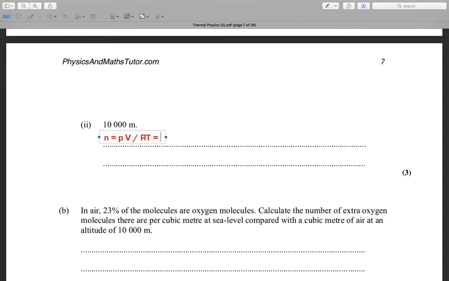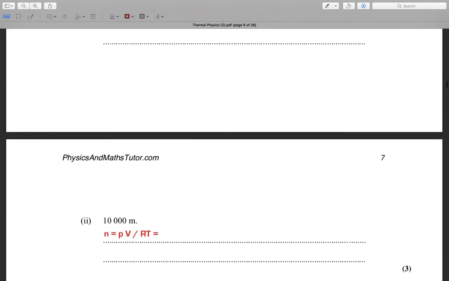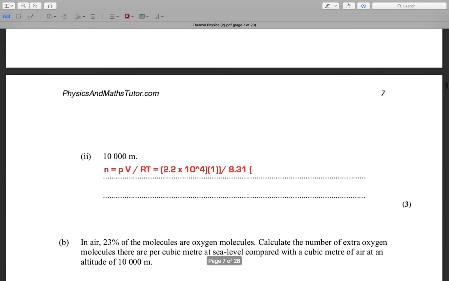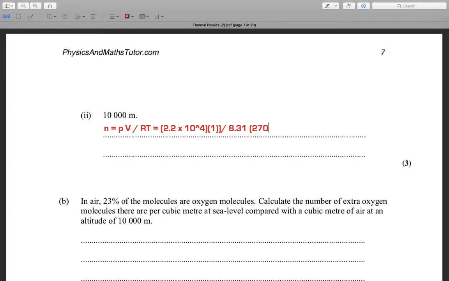P is 2.2 times 10 power 4, volume is still 1, divided by R, 8.31, and temperature 270 Kelvin.